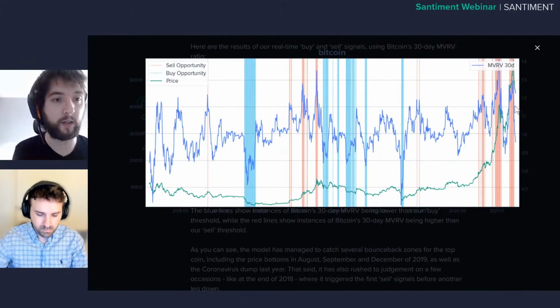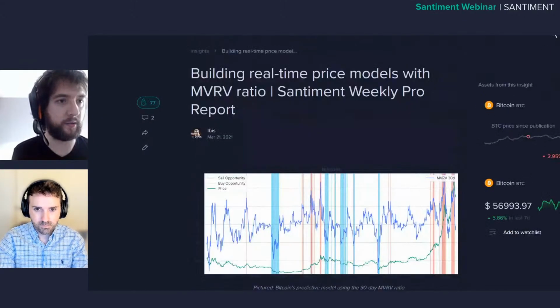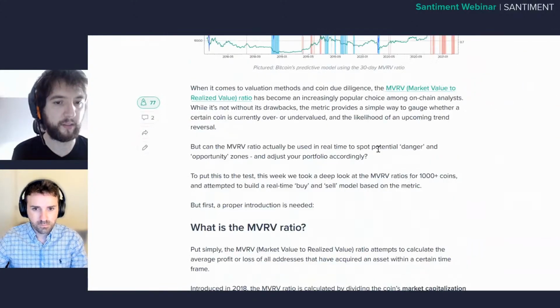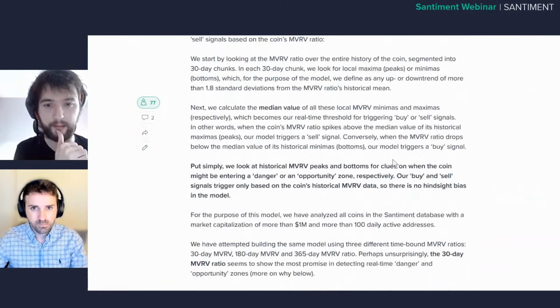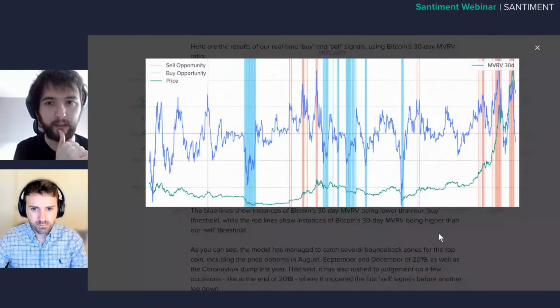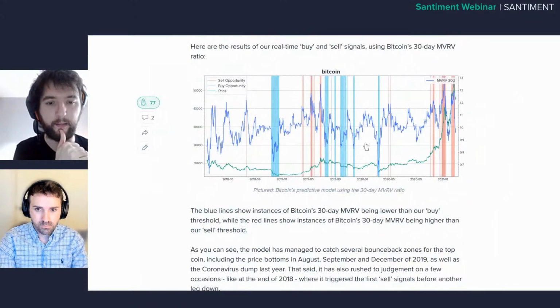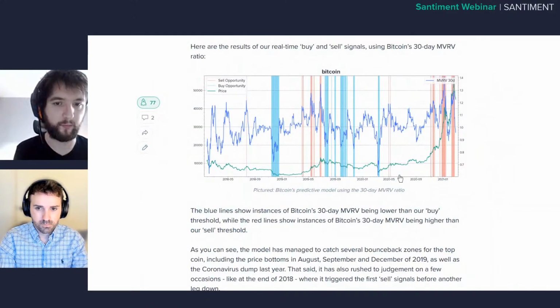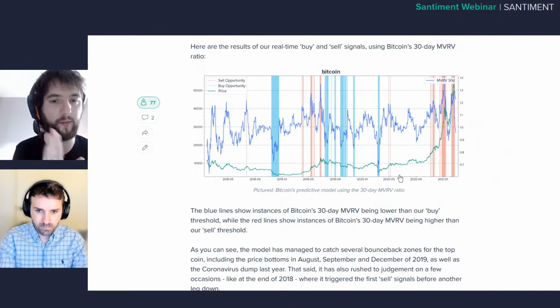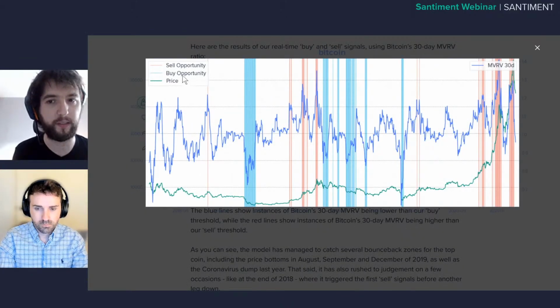I'm going to change to light mode so that you can see it a bit more clearly. Here we are looking at the predictive model of ours, the real-time signals that our model was able to issue for Bitcoin in particular using the 30-day MVRV ratio. These sell signals were triggered here, here, here, here, here, here, and here.